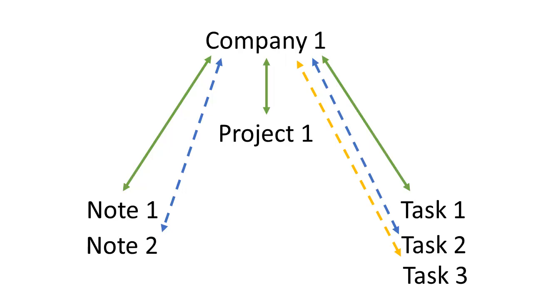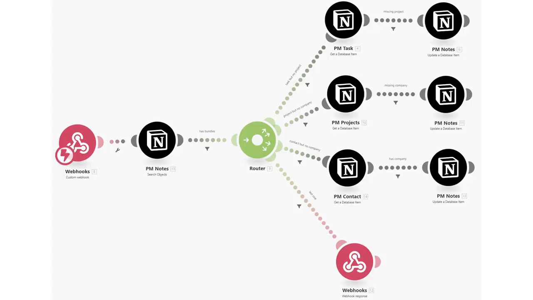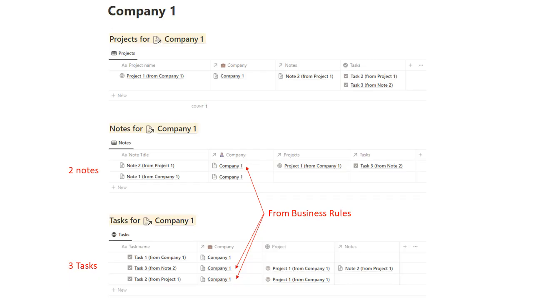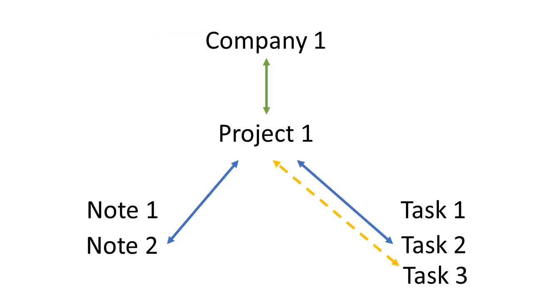So when the business rules are applied, we expect the company to be aware of the project, both notes, and all three tasks. The business rule is fired by a webhook, and we see both notes and all three tasks are reflected in Notion. And from the project level, we expect to have access to the second note and second task natively, and to the third task by inference.